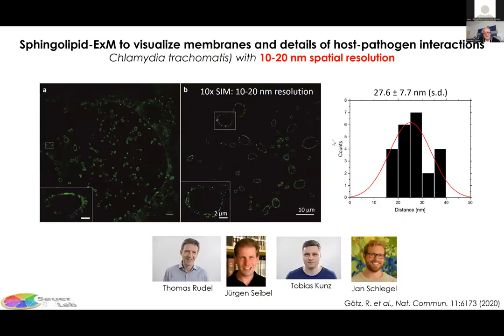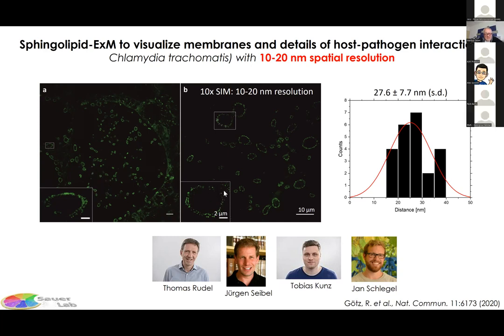And what finally convinced us about the power of these technologies is that we could also for the first time by light microscopy visualize the double membrane of this gram-negative bacteria, Chlamydia. As shown here, these are Chlamydia bacteria inside of a cell. On the left-hand side, this is the cell, and these are the Chlamydia inside of the infected cell.